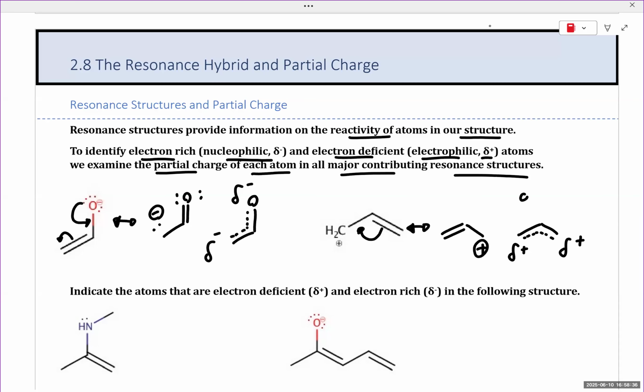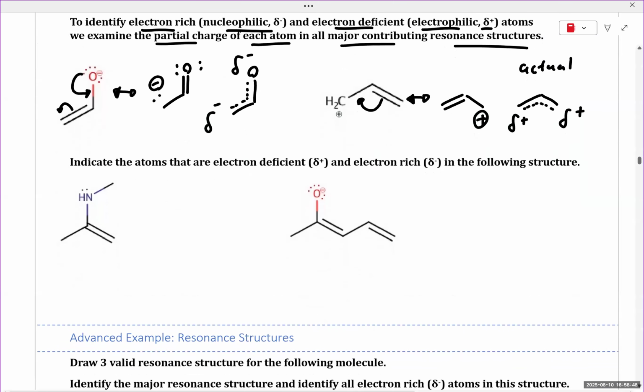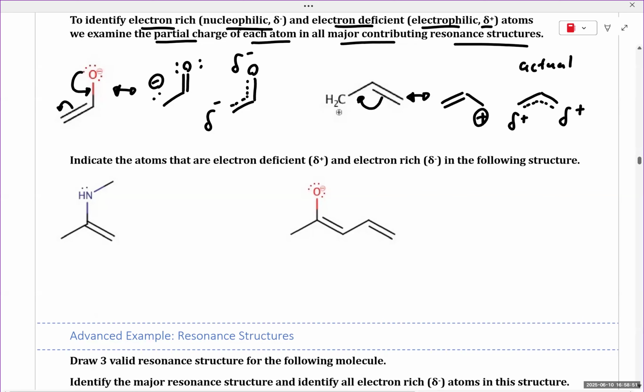And as such, in our actual structure, these two carbons have a large amount of electron deficient or partial positive character. We can use this same logic to help identify atoms that are electron rich and electron deficient in other structures. So I'd like you to pause at this time and work through these two examples, and then we'll discuss momentarily.